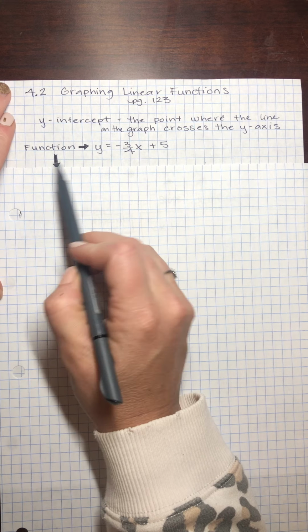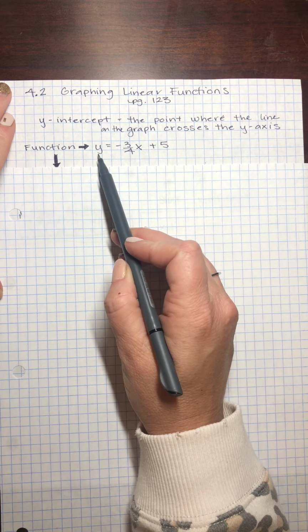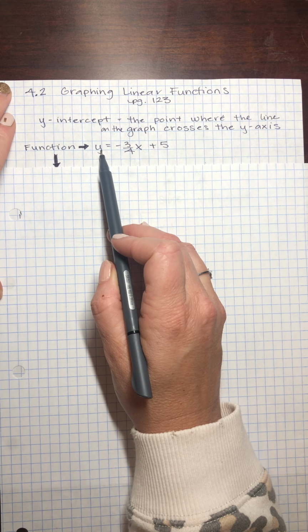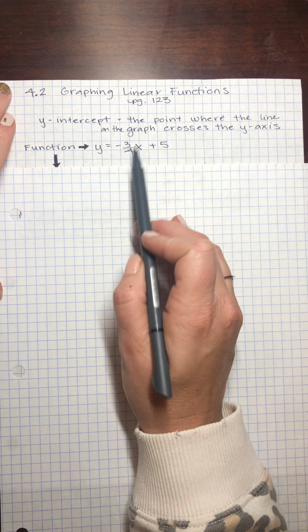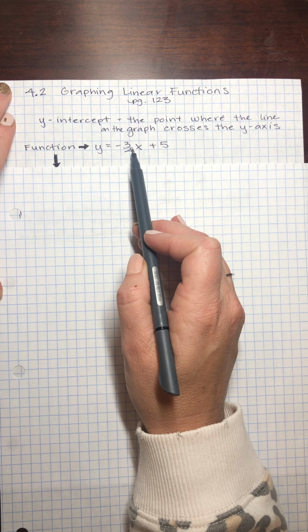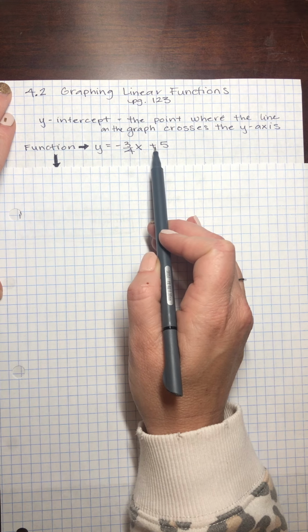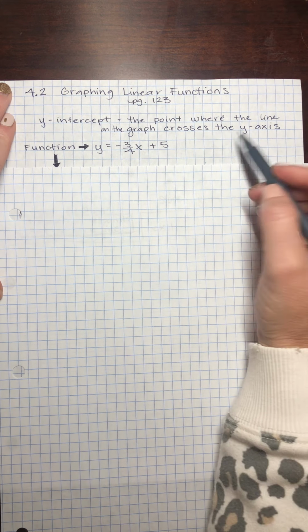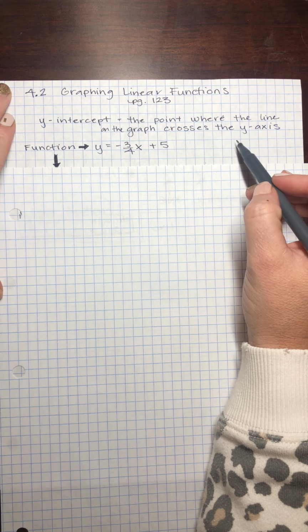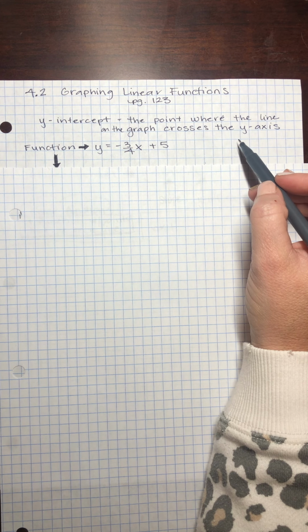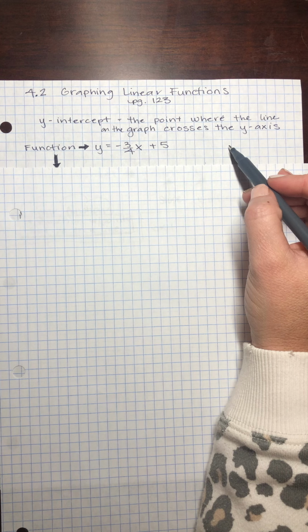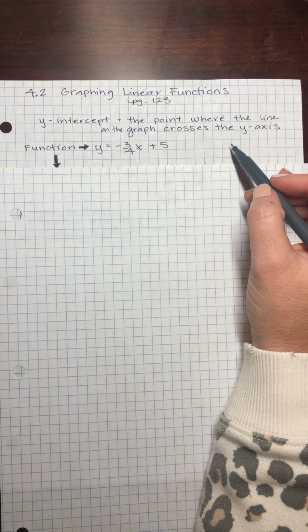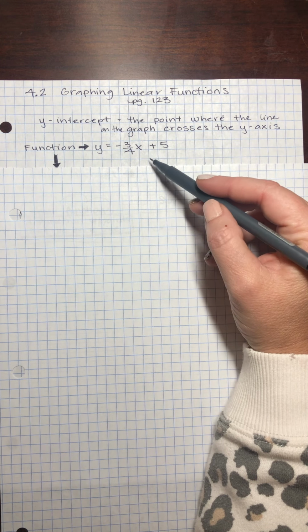A function, we've been working with functions, it looks like this, right? This is a form that we've seen. Y equals, and then there's a coefficient, whether it's a fraction or not, and then x, and then plus 5. Earlier in the year, we had our XY table and we would substitute in 4 or 5 different numbers, -2, -1, 0, and we would solve this 5 times.